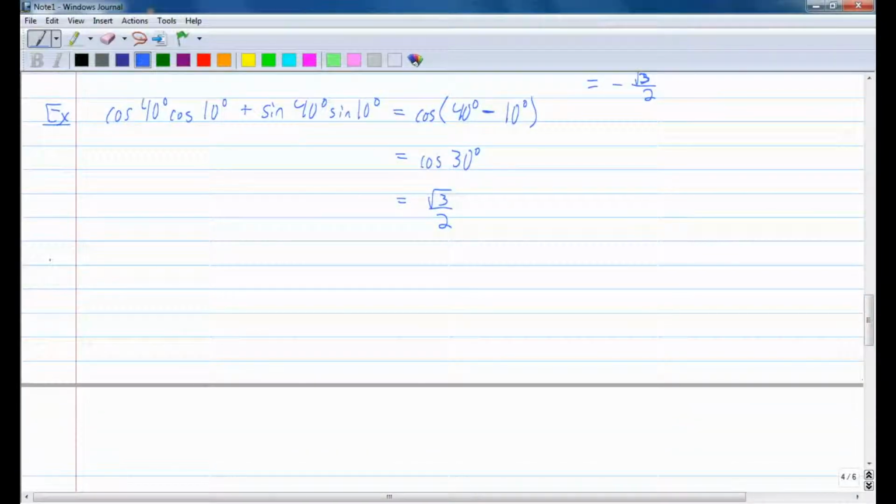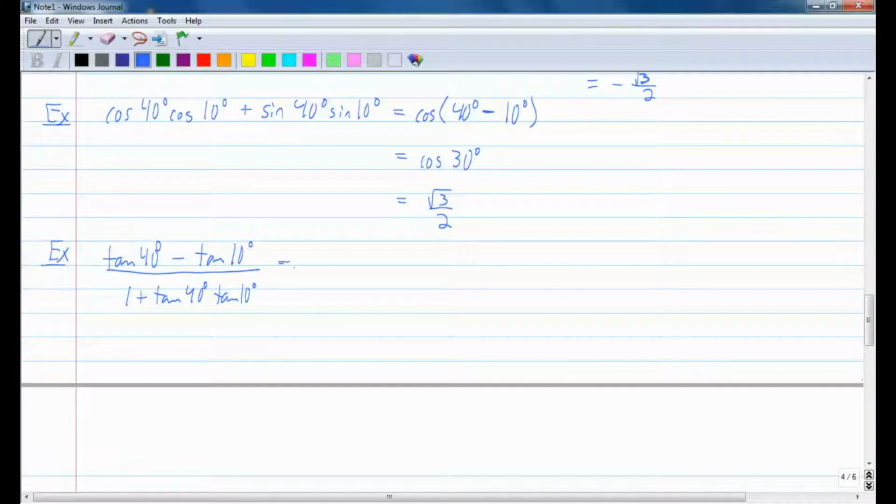Alright, let's do one more like that. Tangent of 40 degrees minus tangent of 10 degrees over 1 plus tangent of 40 degrees times tangent of 10 degrees.